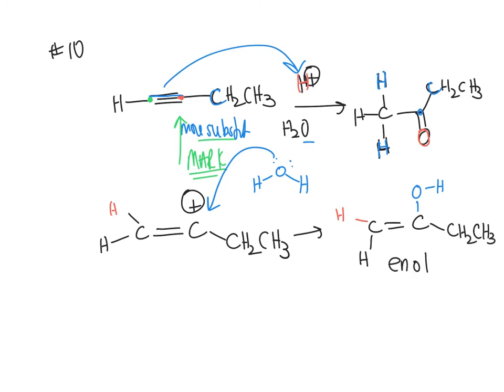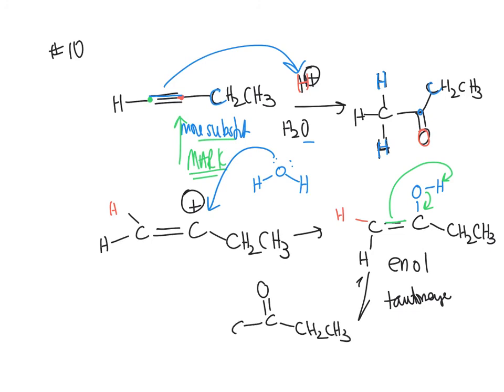This is an enol. And what do enols do? They tautomerize. So these electrons here will go there, and you can see how that gives you your product.